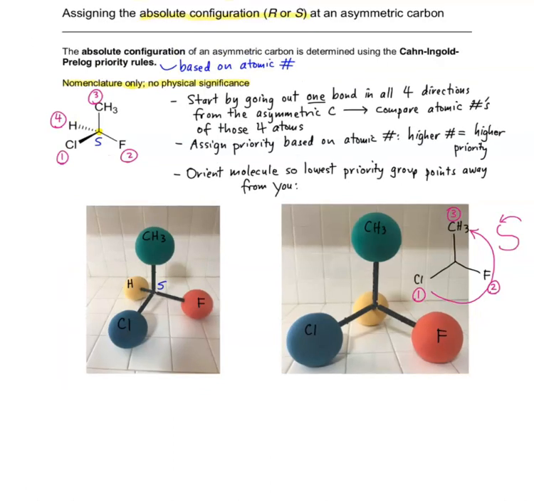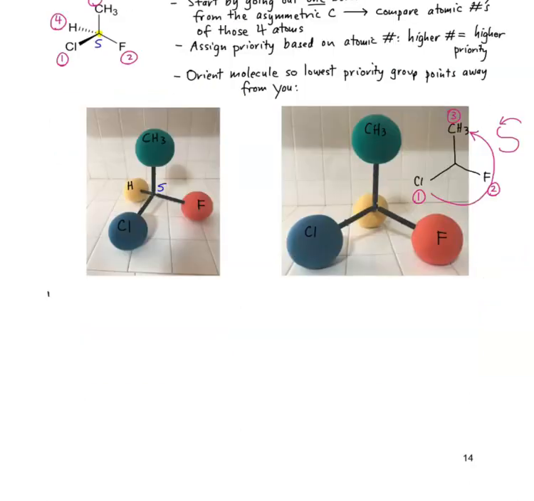Okay, now let's do a slightly different thing. Let's draw the enantiomer of this. So I'm going to draw the enantiomer by switching two of the groups.